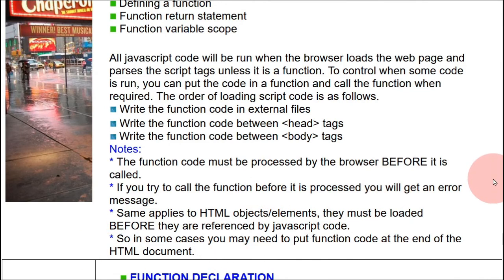Quite often when you get lots of errors in your JavaScript code, and you're wondering what's going on, it's usually a timing issue, because what will happen is the JavaScript is trying to reference an object which the browser hasn't loaded up into memory yet, because it hasn't finished processing the whole page.